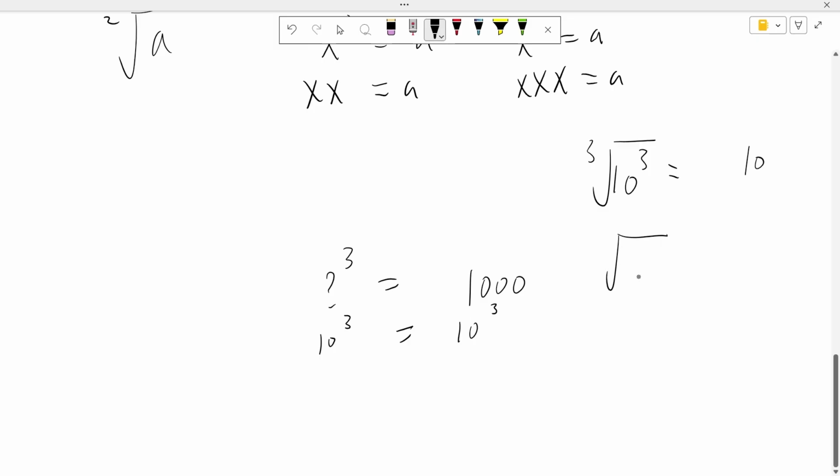In general, it's asking the question, what number raised to the third power results in the stuff inside, the radicand? And we can work out that it is 10 because 10 times 10 times 10 results in 1,000.